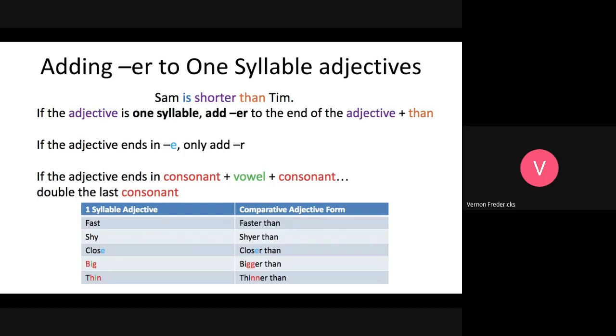So big, the comparative adjective is bigger than. The next one is thin. We have consonant T-H, vowel I, consonant N. Thin, double the last consonant when we compare, and we say thinner than. Let's have an example.